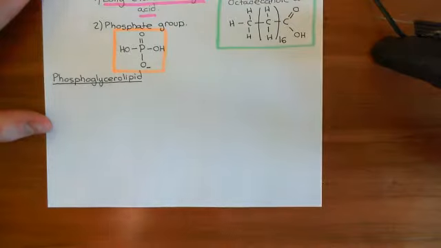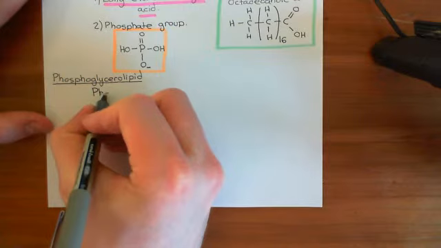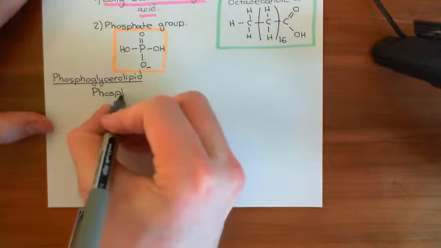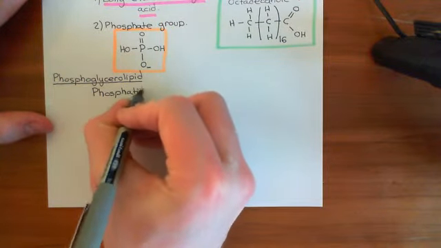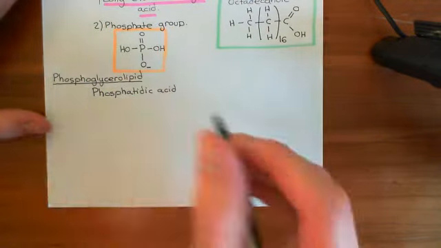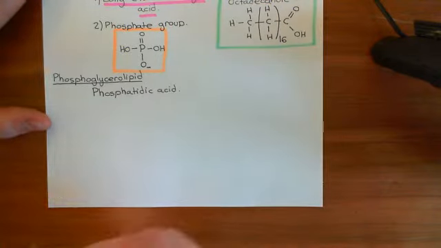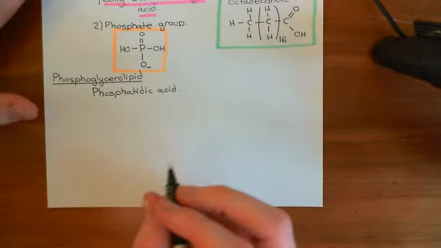All phosphoglycerolipids are going to be based on a molecule called phosphatidic acid. So I'm going to start off by drawing a cartoon of the structure of phosphatidic acid for you. Then we'll see how we can arrive at a more general phosphoglycerolipid from phosphatidic acid, and then we'll see how phosphatidylinositol is an example of a phosphoglycerolipid.